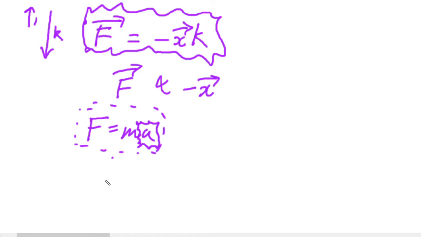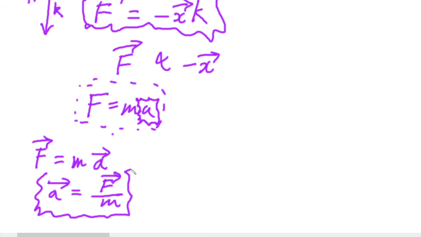So if F is equal to ma, then we could also write this as the net force vector, the resultant force vector, is equal to the mass of the body times the acceleration vector, or really the acceleration vector is equal to the force vector divided by the mass, because I'd prefer to write it in this form since it's the force that's causing the acceleration, and how much acceleration it causes is controlled by the mass.